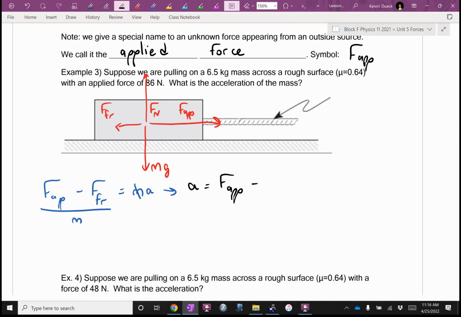Mu times the normal force. Find where that is on your sheet so you know where it is. It's right next to F net equals MA, and then there's that thing about weight, and next to that it says FR equals mu times the normal force. And then divide by M.